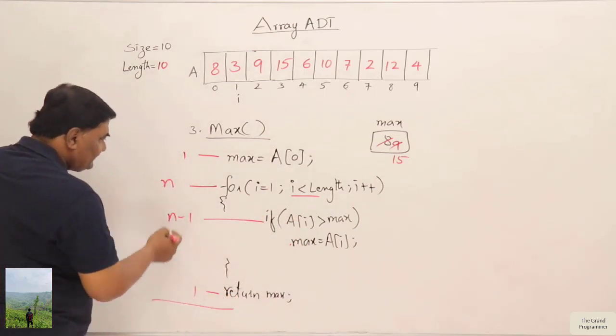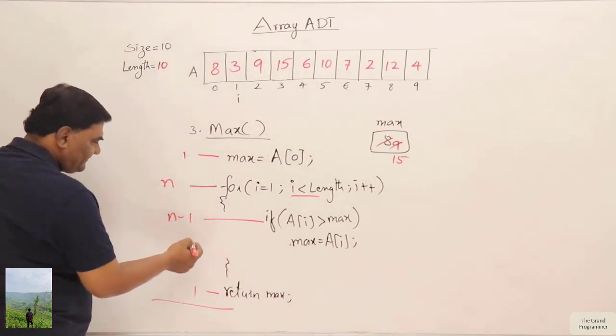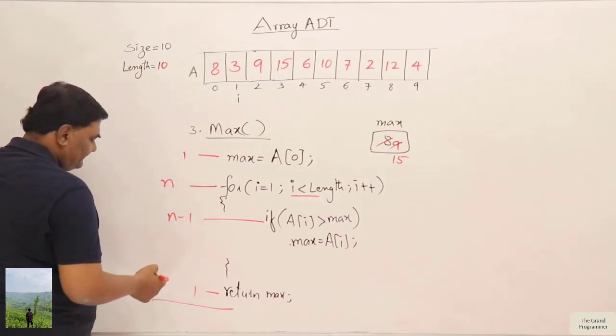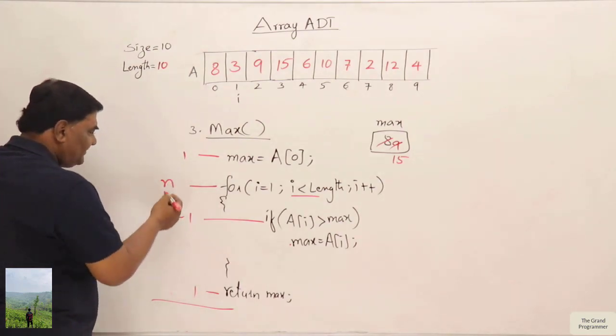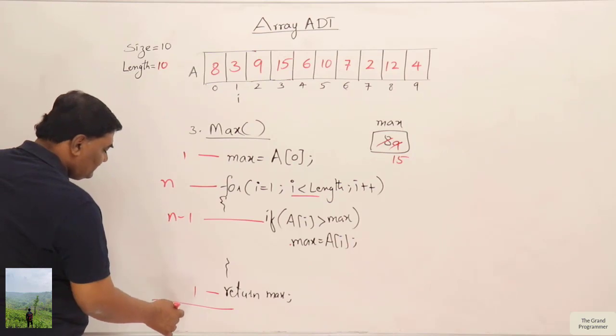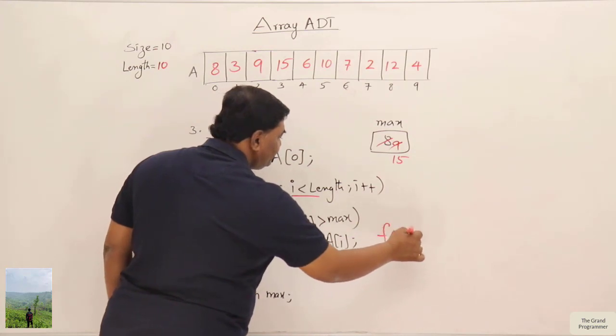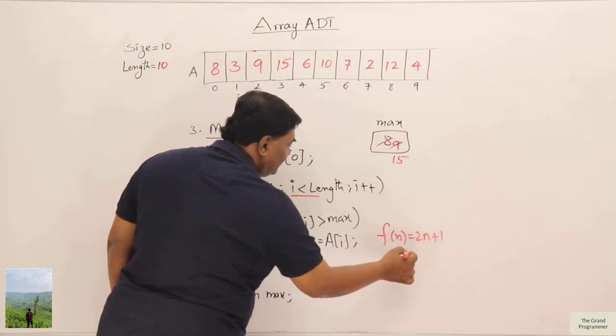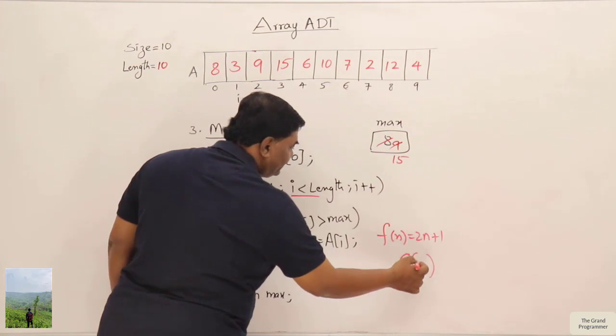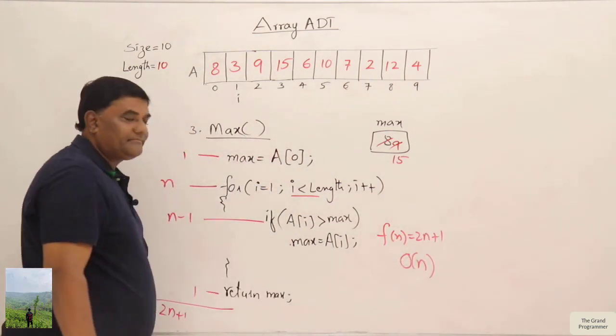So finally this is 2n, and the 1 gets cancelled, so plus 1. The time function for this is f of n equals 2n plus 1, which is of degree 1, so it is order of n.